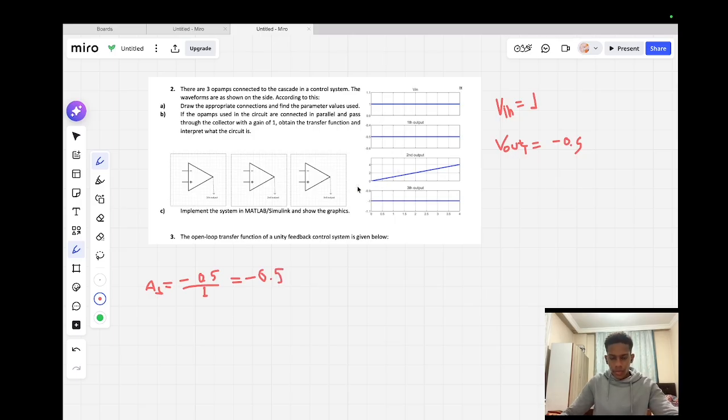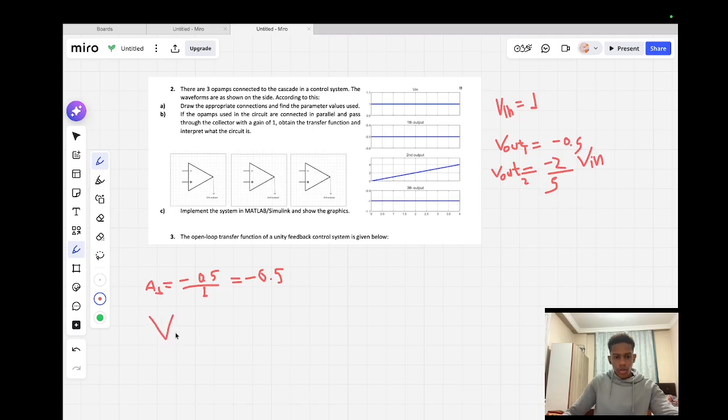In the second one, the output goes from 0 to 4, so the output will be like a ramp function. It equals minus 2 over s, Vout over Vin, because in the second one we use an integrator amplifier.